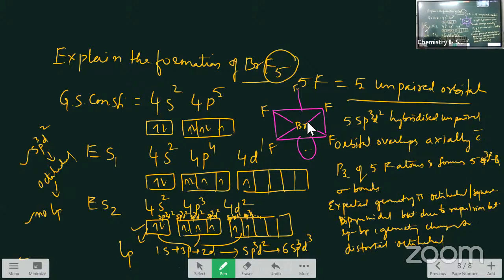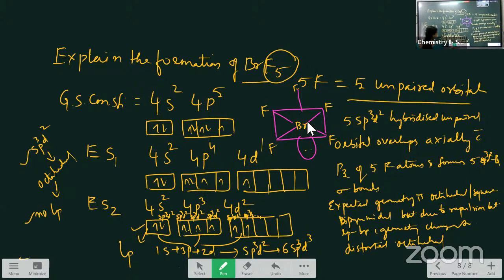In order to provide 5 unpaired orbitals, bromine undergoes 2 excitations, ES1 configuration 4s2 4p4 4d1, then ES2 configuration 4s2 4p3 4d2.